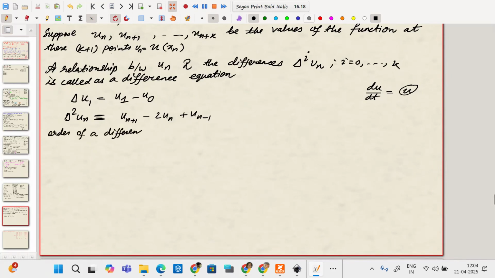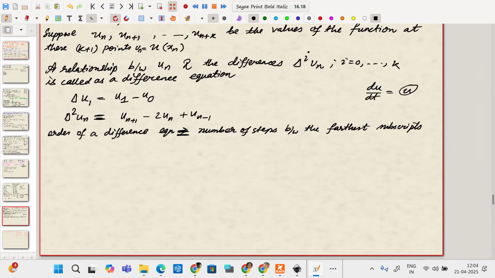The order of a difference equation is the number of steps between the farthest subscripts. That we will see. What is it?